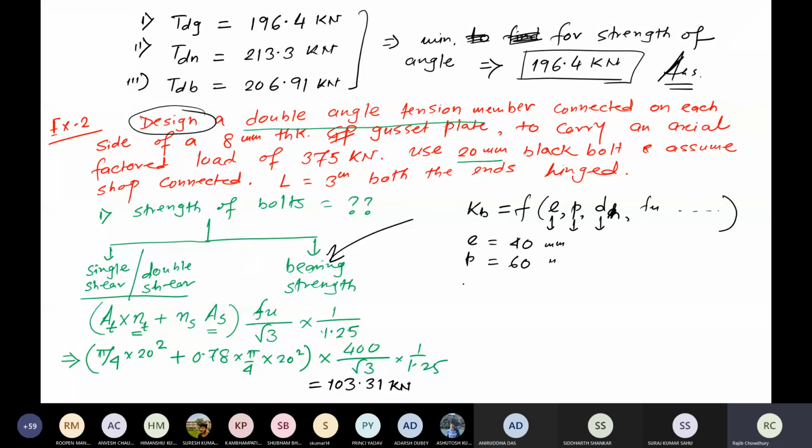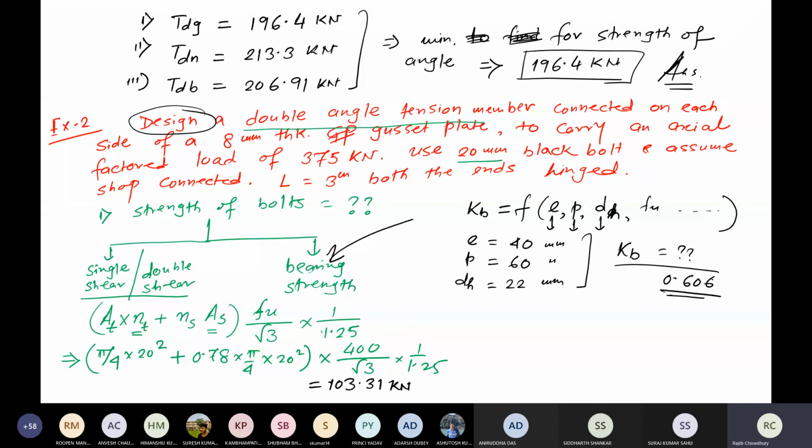DH, you can identify, is a 20 mm dia of the bolt, so DH would be 22 mm, and all other different things. So from there you have to find what KB is. I think all of you can do this kind of simple calculation. So KB to be evaluated, for me it is coming around 0.606.